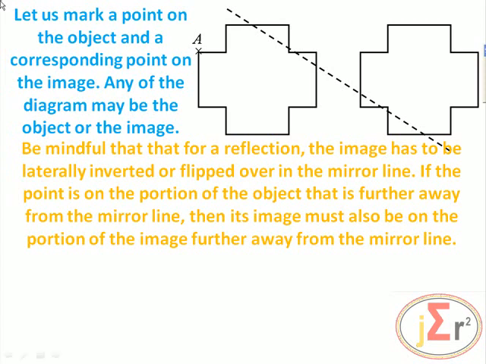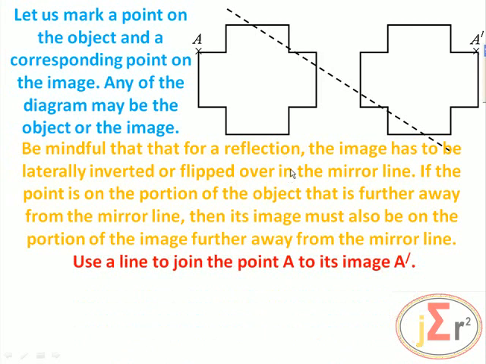So if we are proposing an image for A, it has to be away on the other side. If it is approaching the mirror line, then the proposed image must be approaching the mirror line from the other side.